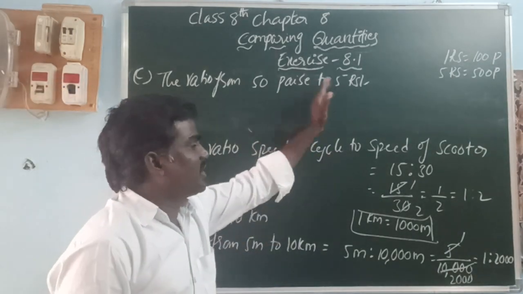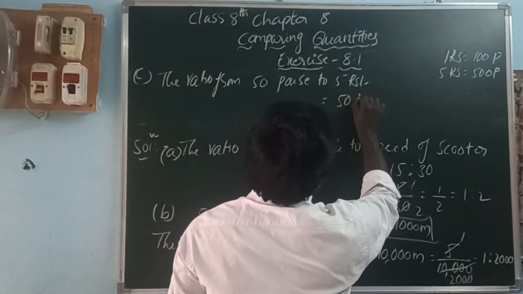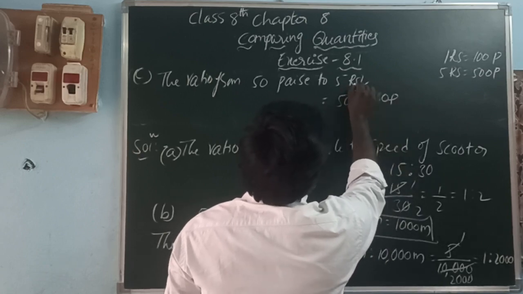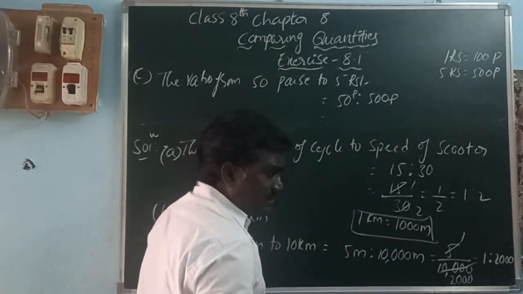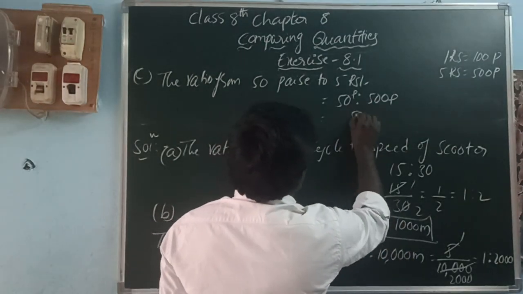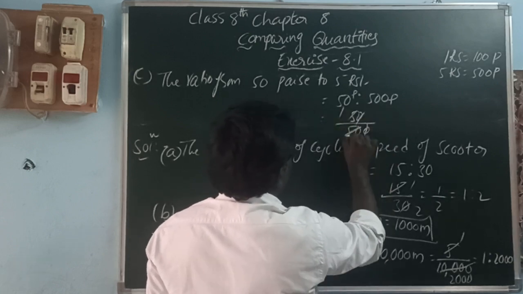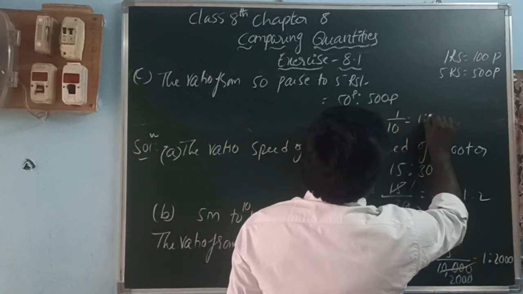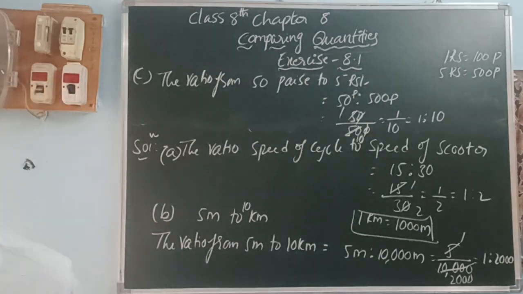We want to change to the same units. So it is 50 paise to 500 paise, since 5 rupees is 500 paise. The ratio we write as division, that is 50 by 500. Zero, zero cancel, 5 ones are 5, 5 tens are 50, so it is 1 by 10, that is 1 is to 10.